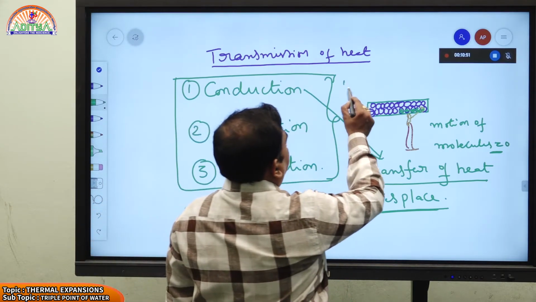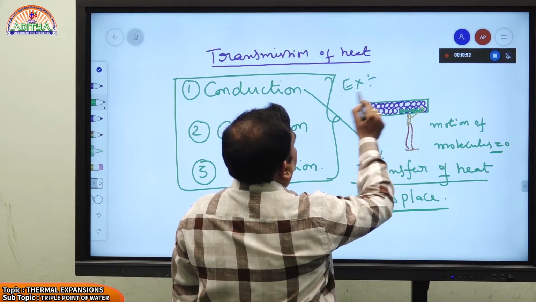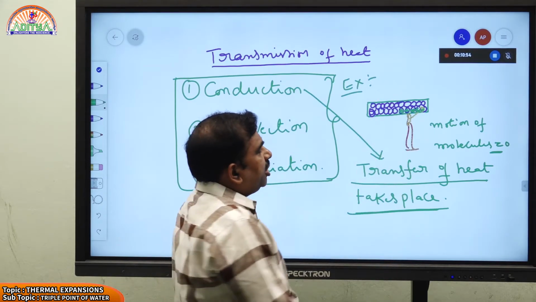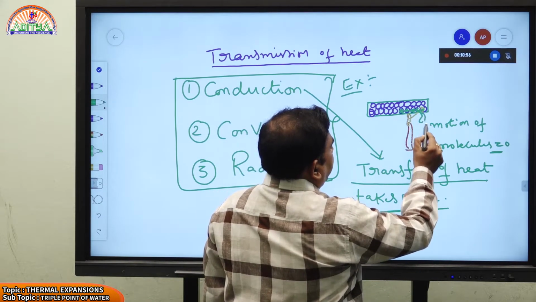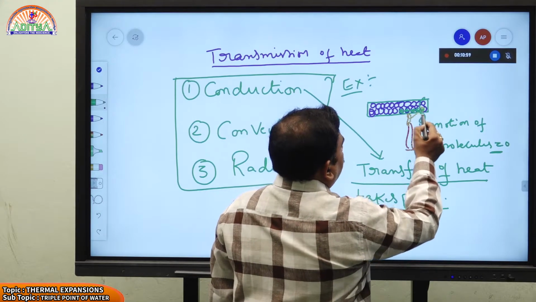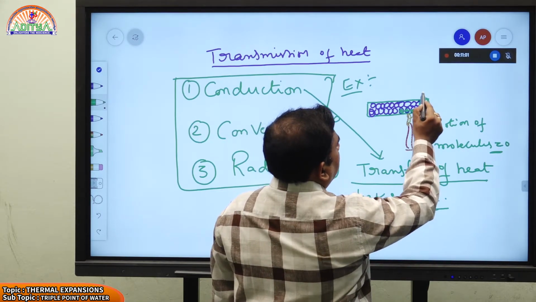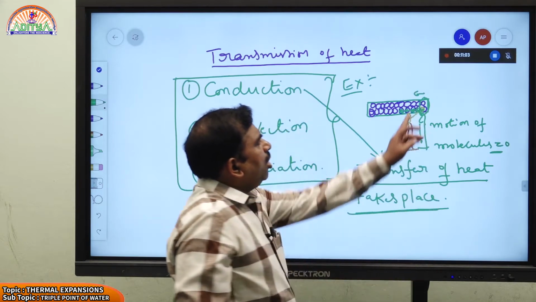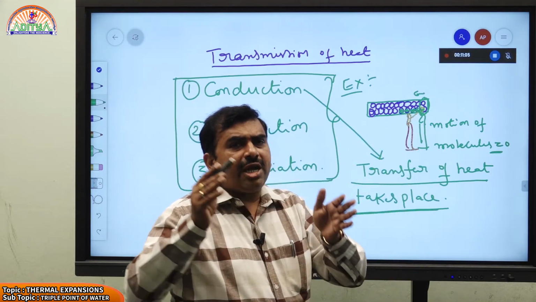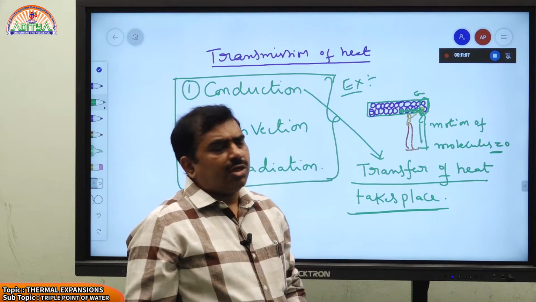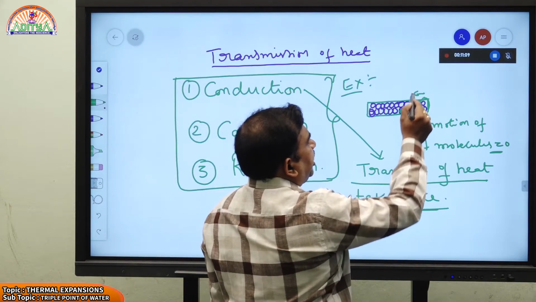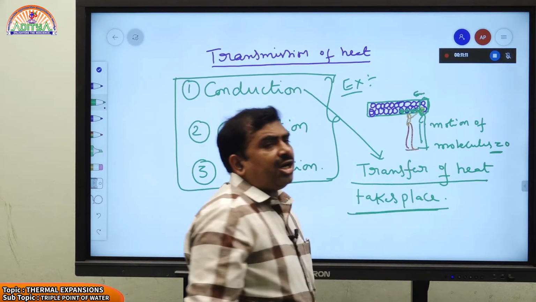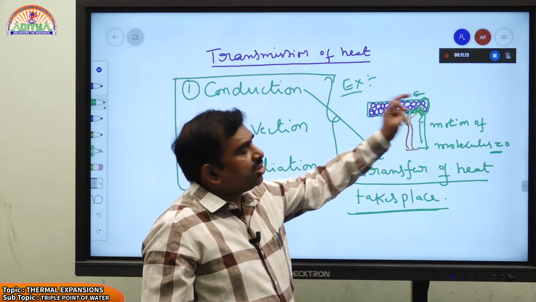The best example, heating of a metal rod. When a metal rod is heated, initially, look, if I keep it like this, these molecules will get heat first. Now these molecules will reach their capacity of heat. After reaching their capacity, they transfer the heat to the next set of molecules.